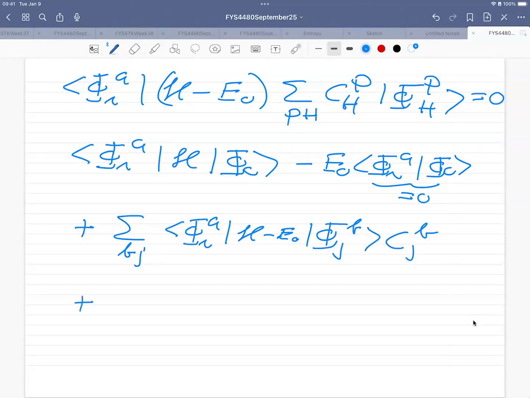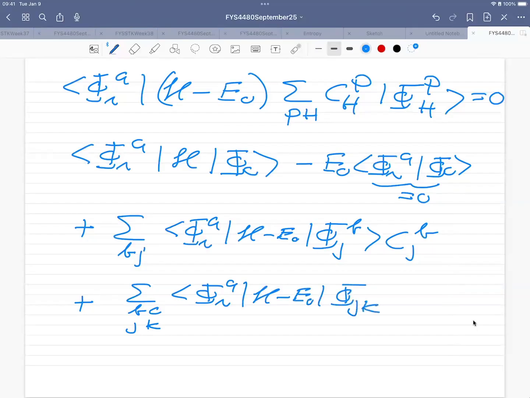Then I have plus, and then I have the B, C, and J, K. I have the same guy here, IA of H minus E0, and then I have a phi of JK and BC. There's a coefficient CJK, BC, and this stops at the level of three-particle three-hole excitation, JKL.